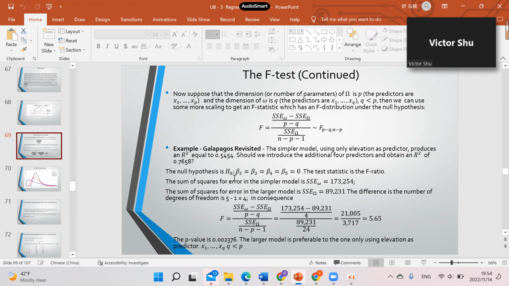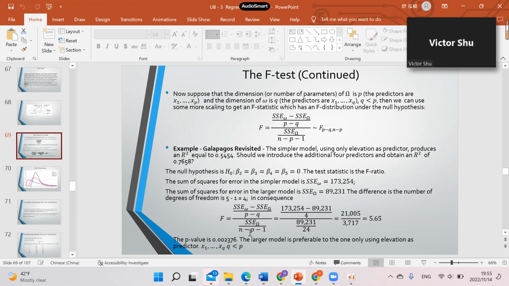So there's a cutoff. In this example, we're interested in fitting 5 predictors or fitting only 1 predictor using beta 1 only, the first predictor only. And to determine which model is preferable, we're going to do a partial F test.